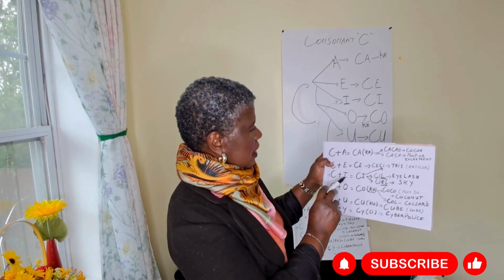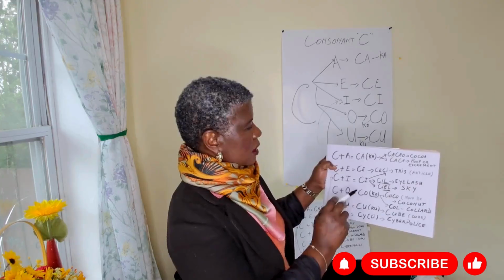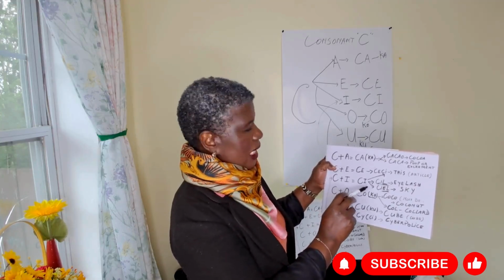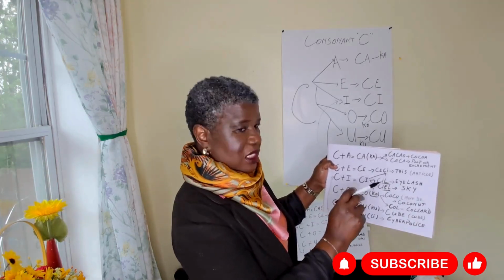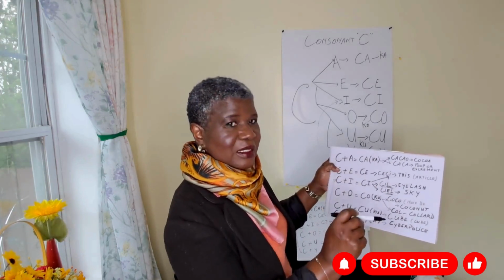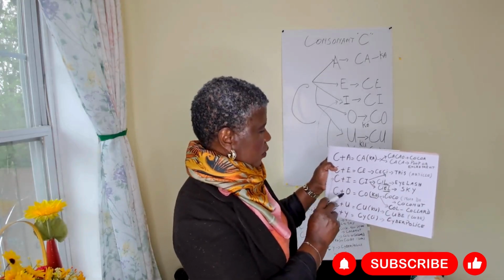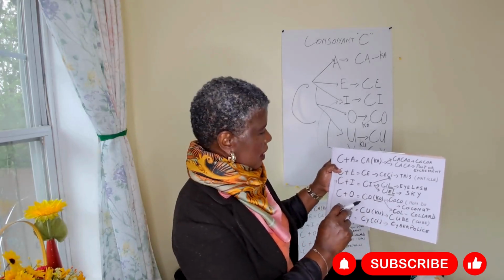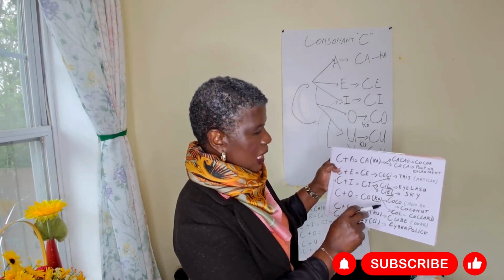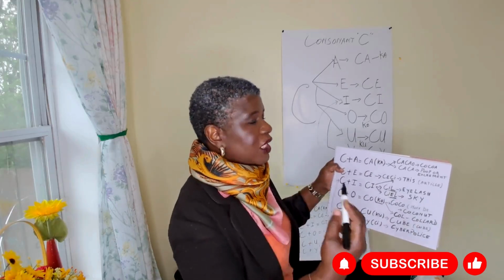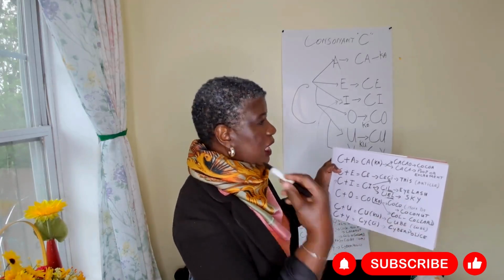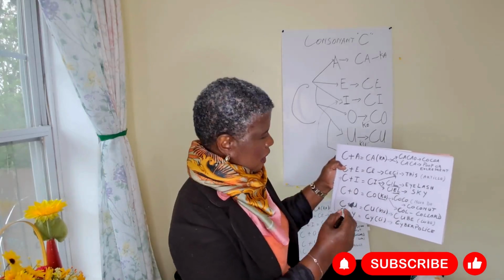C plus E reads as S, like in cil, eyelash, or ciel, sky. C plus O reads like co, like coco, noix de coco. Or like col. Col in French is collar, like the collar of your shirt, okay?